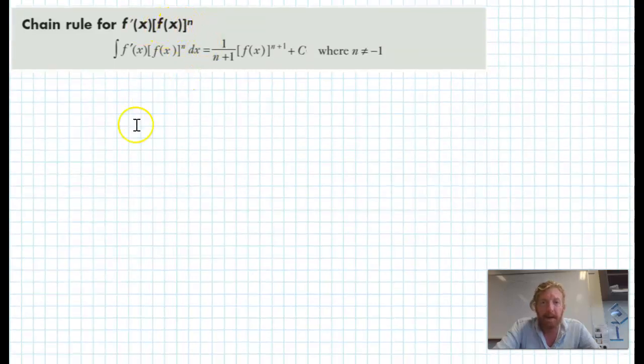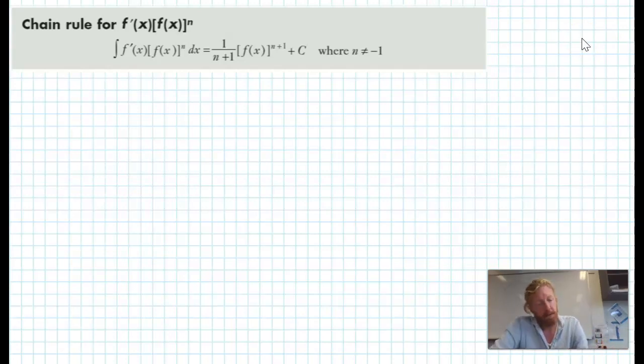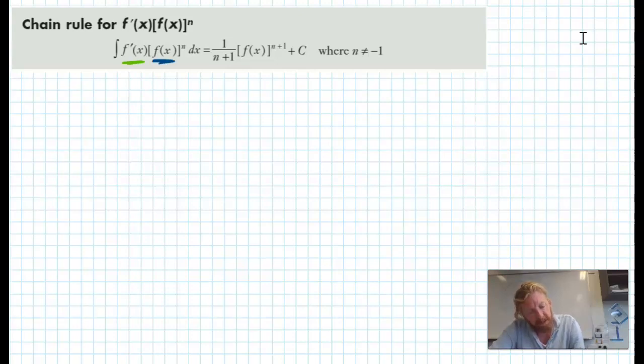We had it as linear before, but it may not be linear. So, we're going to start with an example just to see how it works. What we want to be looking for is something with the derivative of the inside just sitting out the front there.